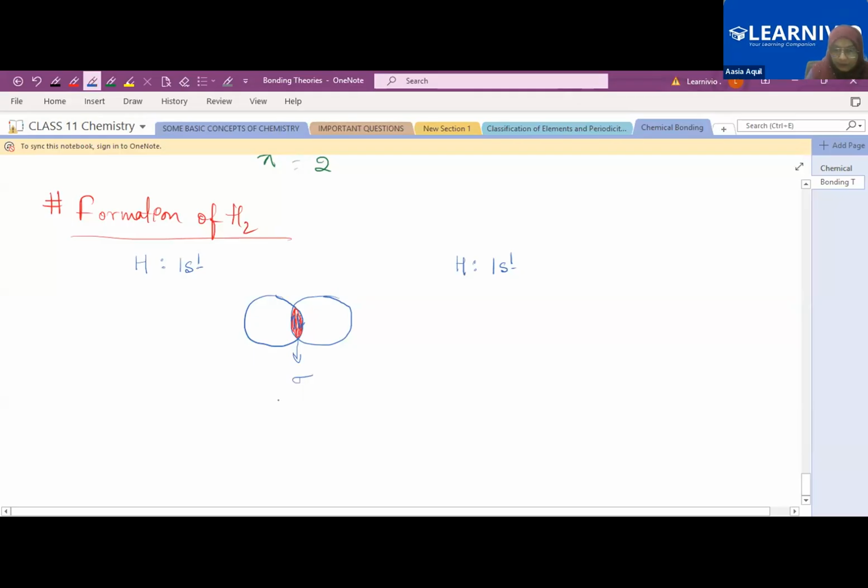So that's how the H2 bond forms. Clear? So write down: H2 is formed by two half-filled 1s orbitals.